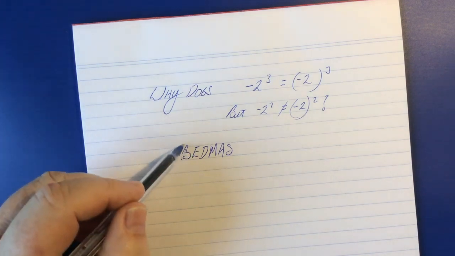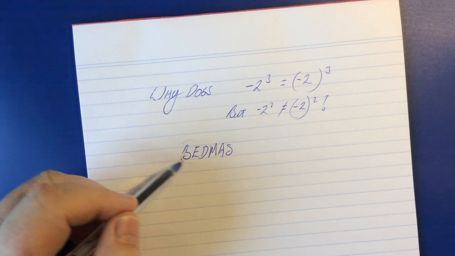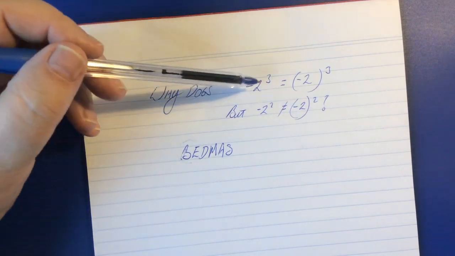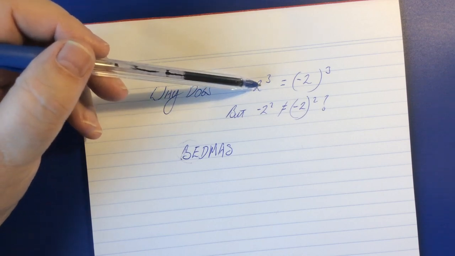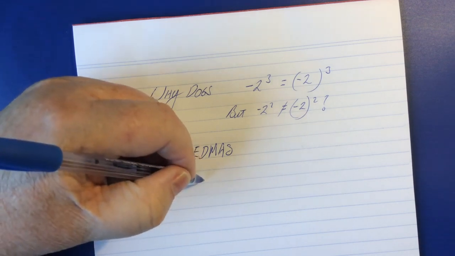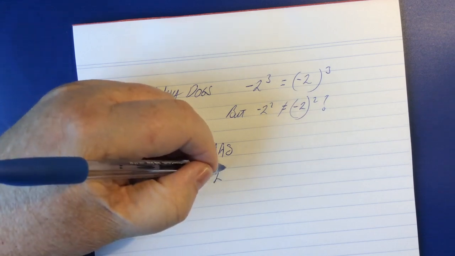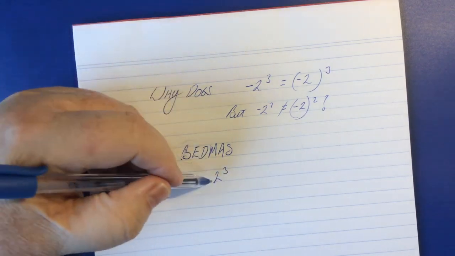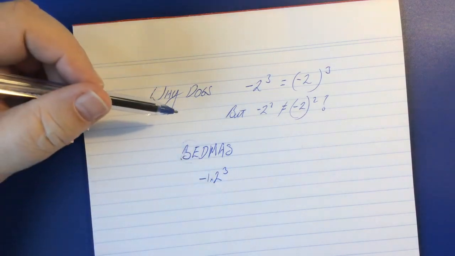And what we're focused on is principally the front end of this. So let's see what we're dealing with when we obey this instruction. Well, the negative out the front we can read as negative 1 times that.